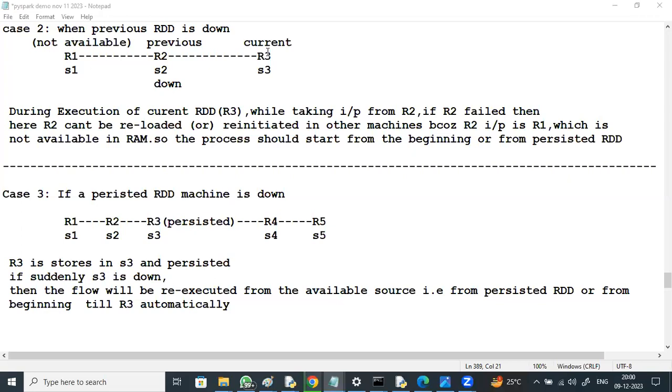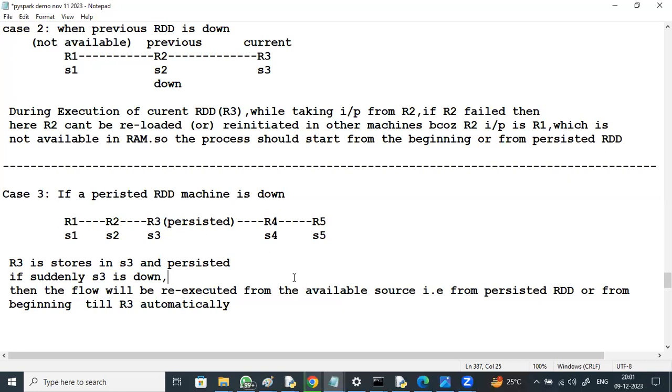If we persist multiple RDDs, what will happen? Suppose R1 is also persisted, and R3 is also persisted. Then all the flow will happen automatically. If R1 is already persisted, it is available in the RAM, so there is no need to execute R1 again. You collect the R1 output directly, and compute R2 and R3 again.